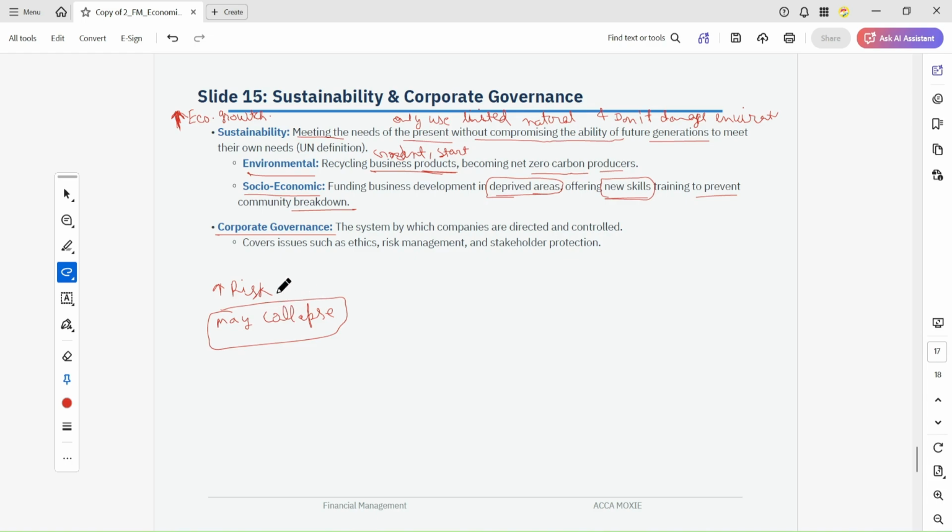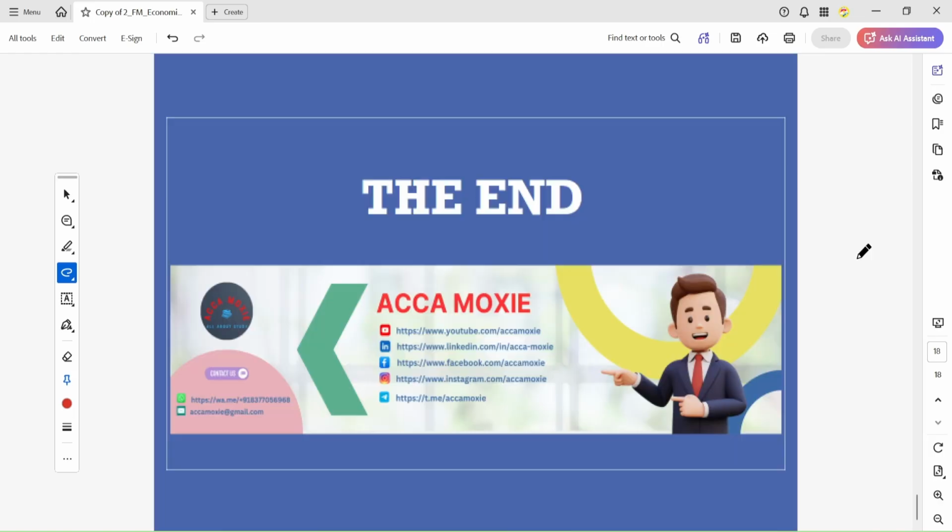So the corporate governance role is very important when you want to increase economic growth. It does not mean you take high risk and don't care about the stakeholders, the owners of the company who provide finance to you, the shareholders and debt holders. So you have to take decisions that are manageable and not highly risky. So that's all about this chapter.